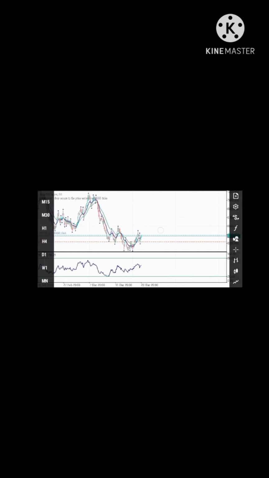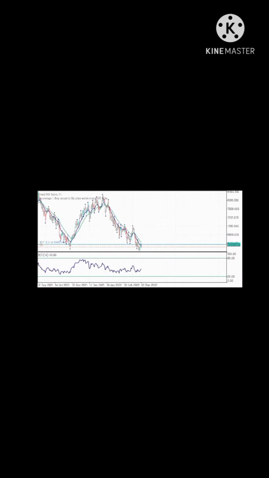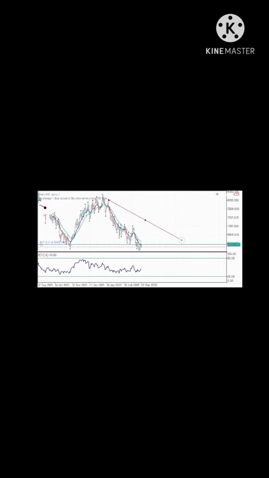Okay. You can draw a trend line here, joining the supports and the resistance of the overall trend. This one is the overall trend on the daily time frame. So this is what I did before entering the trade.